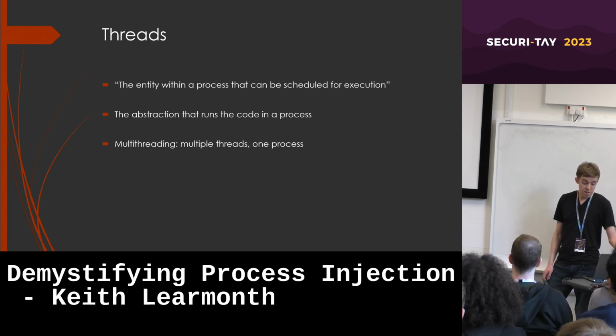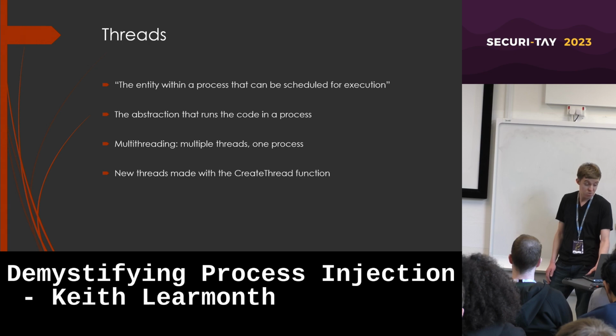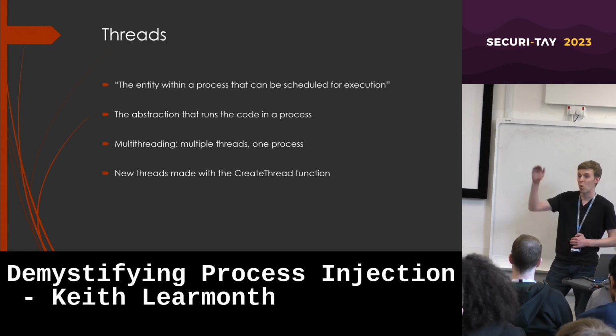There is multi-threading. The last slide said at least one thread is in a process. Processes can have multiple threads that run in parallel, and you can assign more or less during runtime as needed. You make threads with the CreateThread function, which really only takes a function pointer argument, which just says, where in this executable code am I going to start?